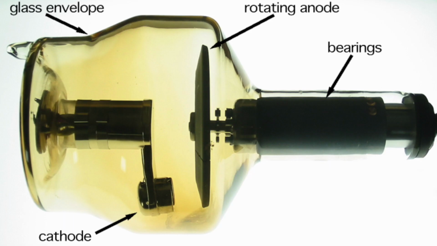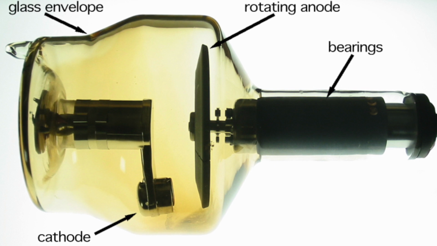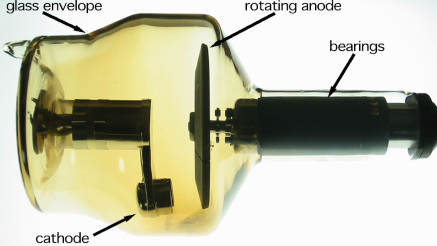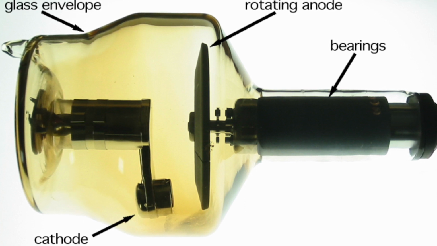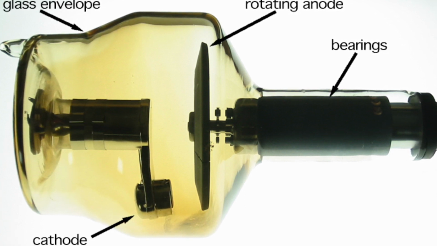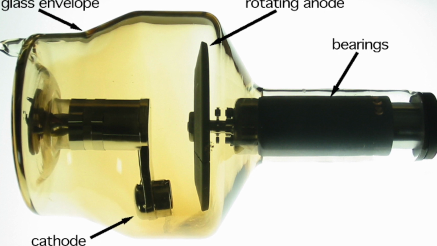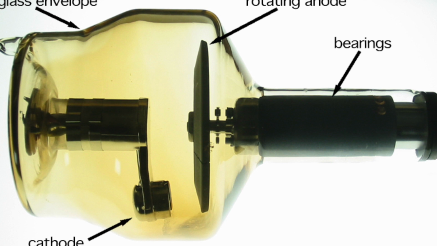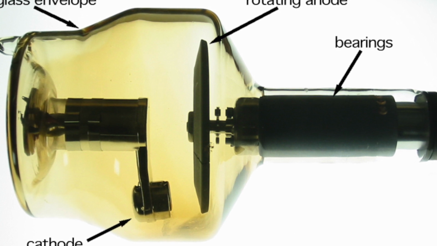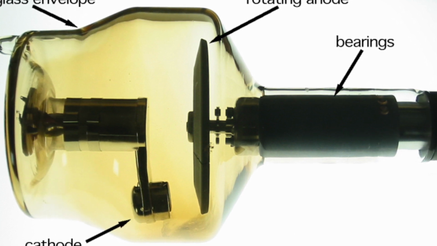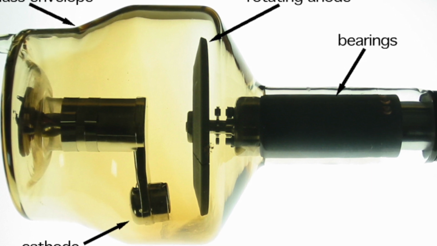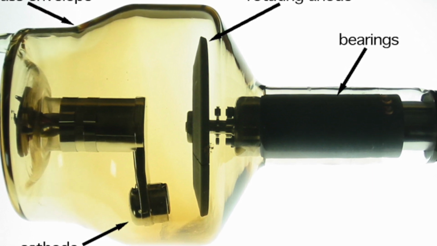To generate X-rays, you need what's called a vacuum tube. A vacuum tube is essentially a glass tube that's had all gases, so mainly oxygen and nitrogen, removed from it. And inside this vacuum tube, a beam of electrons is directed at a piece of metal, and it's usually copper, I think I read.